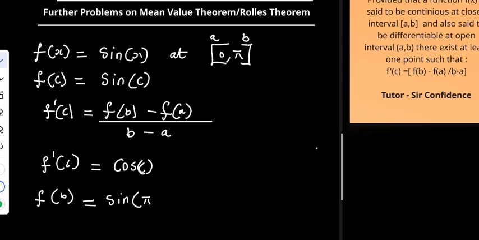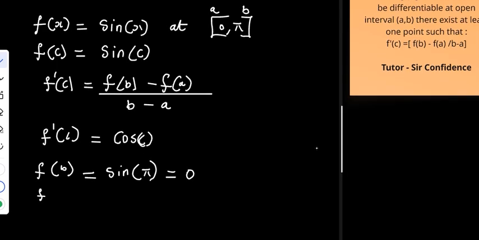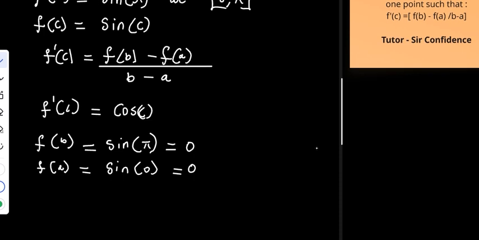Then f of a is going to be equal to sine 0, and this is going to give us 0. So now we need to find b minus a. b minus a will be equal to pi minus 0, and this is going to give us pi.